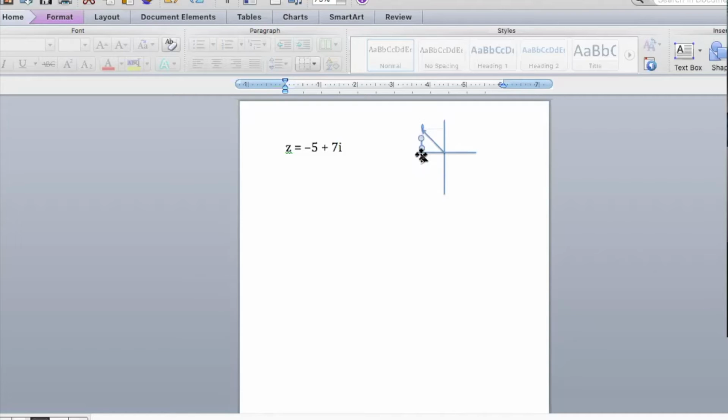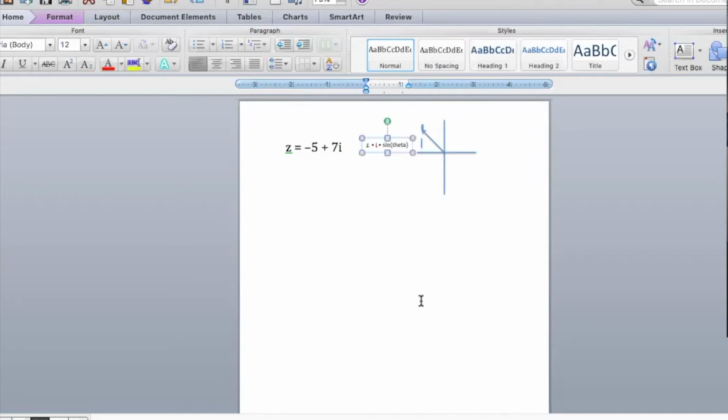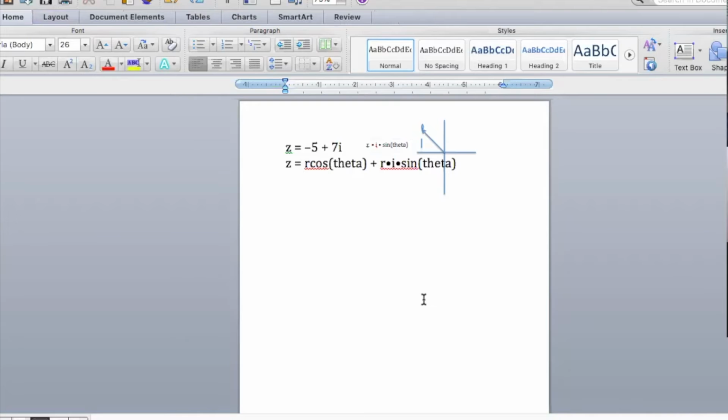And this part right here, up and down, is r times i times sine theta. y is just r sine theta, but since this is the imaginary axis, you got to throw the i in there. So z is going to equal r cosine theta plus ri sine theta.